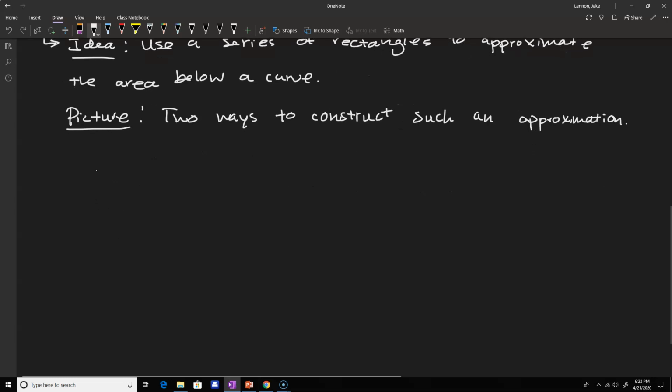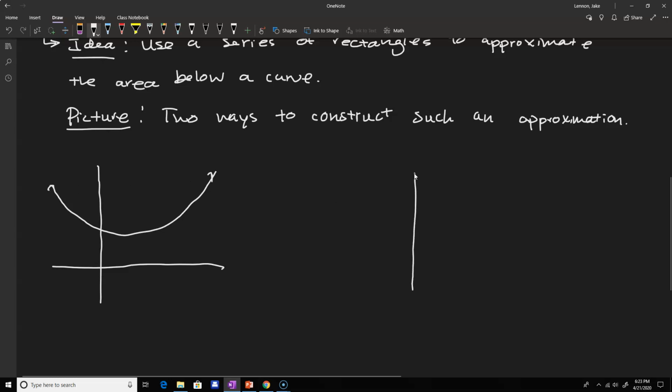So the picture, let's say we have a pretty simple curve, maybe something that looks parabolic, and we'll think about the two ways that we could approximate this. These pictures are meant to look the same, so if they don't, it's just because I'm not great at drawing freehand.